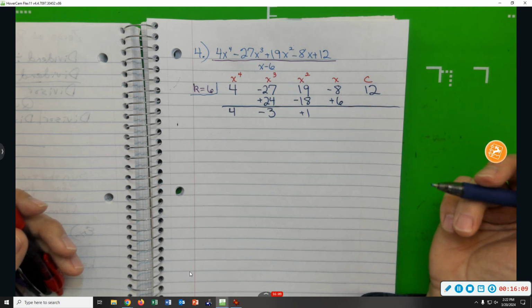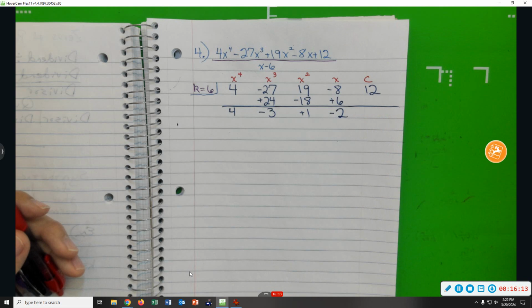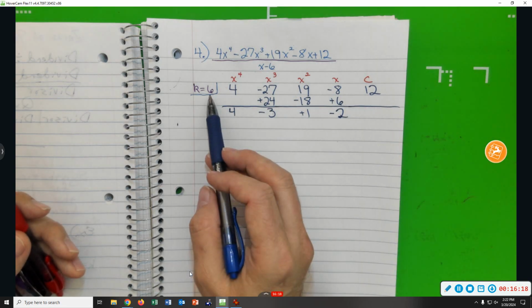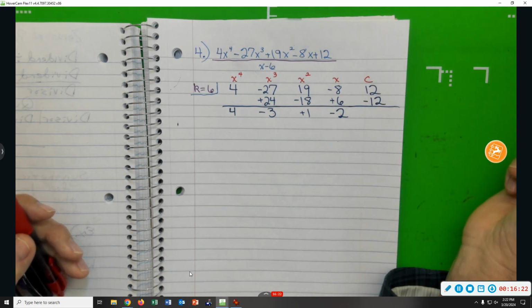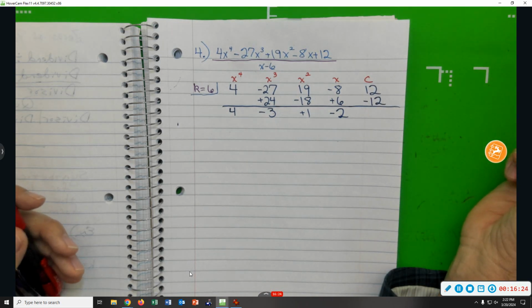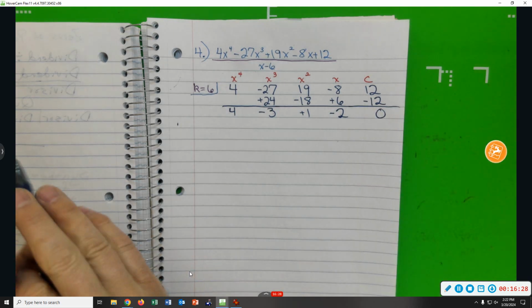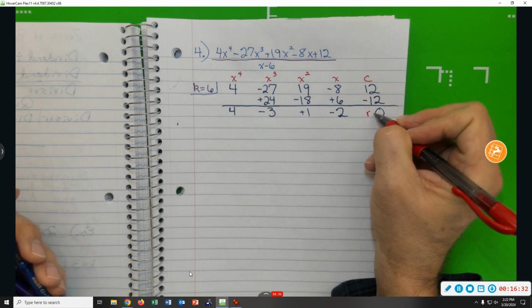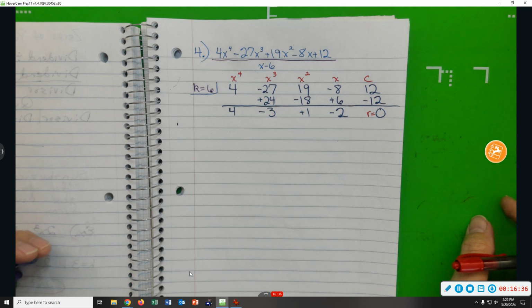Negative 8 plus 6 gives me a negative 2. Negative 2 times positive 6 gives me a negative 12. Oh, this is nice. What's the remainder going to be? Another remainder of 0, okay? There's the remainder. I'm going to put a little r there. I like r equals. I put a little r equals to indicate that's the remainder.